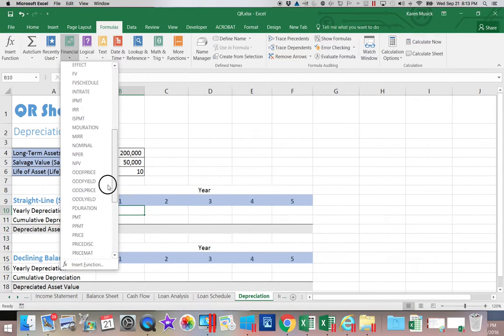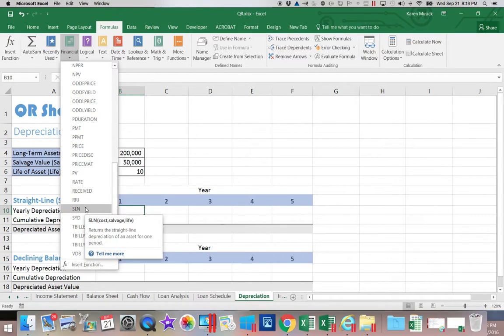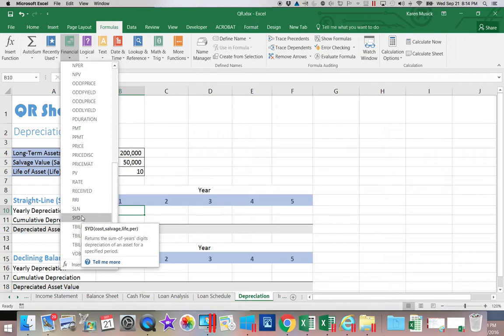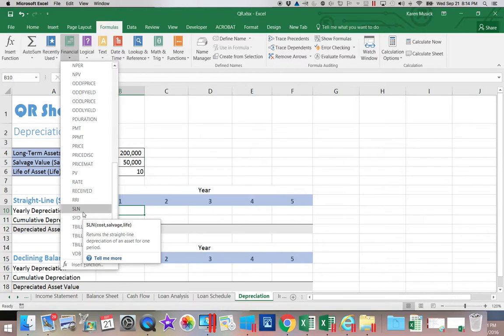We're going to look for SLN, which is straight line. Make sure when you're doing your homework that you look for the type of depreciation, not just the word depreciation. Because if you look right below it, that is another form of depreciation called sum of the year's digits. So there's a lot of different options. Make sure you read carefully to get the correct one.